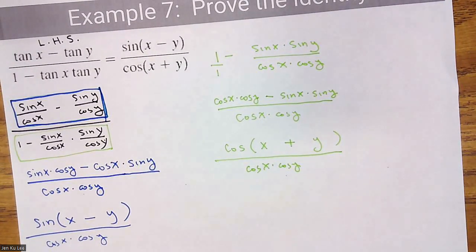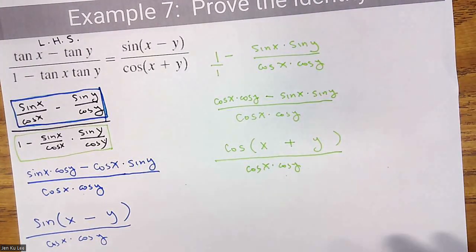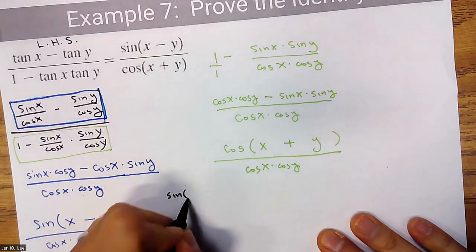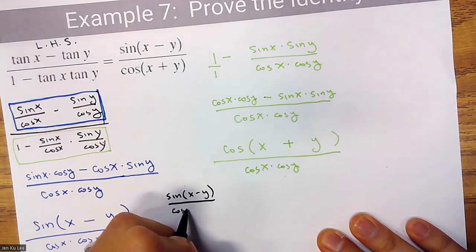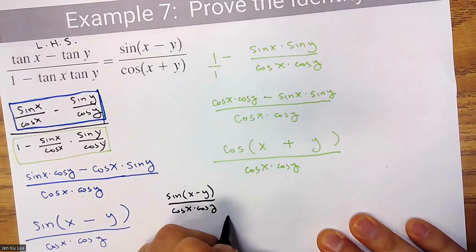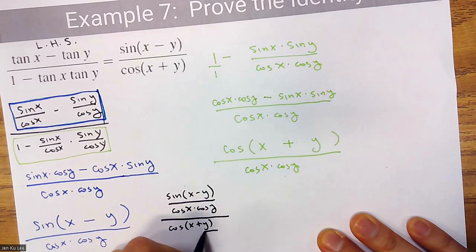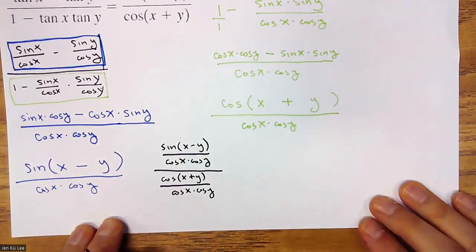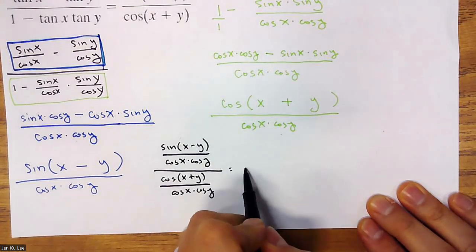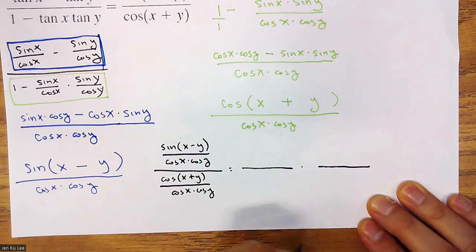That makes sense? So when I put it together, I have sine of x minus y over cosine of x times cosine of y, over cosine of x plus y over cosine of x times cosine of y. Putting the two together. Here, when I have two fractions, I can multiply by its reciprocal.